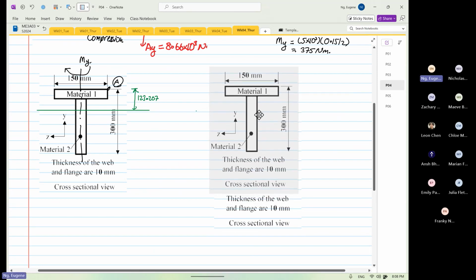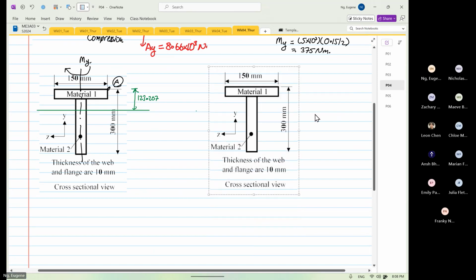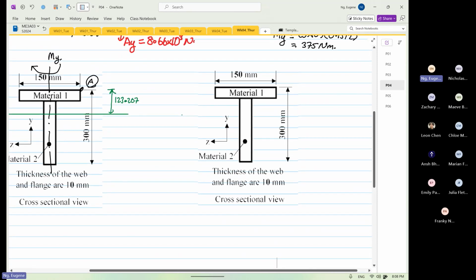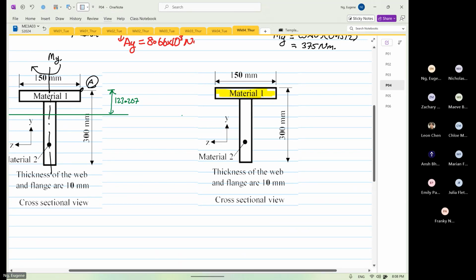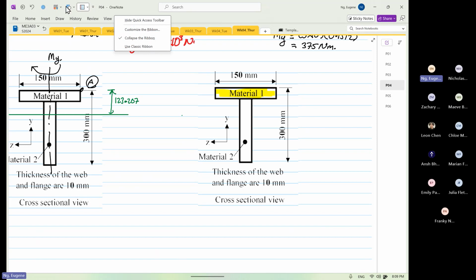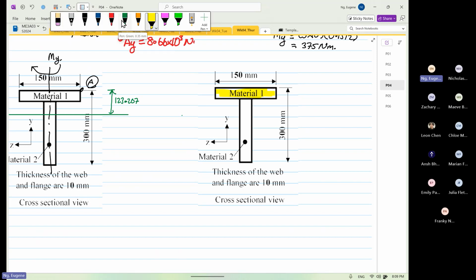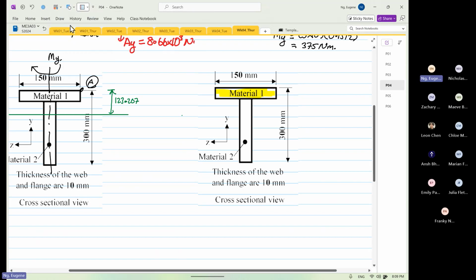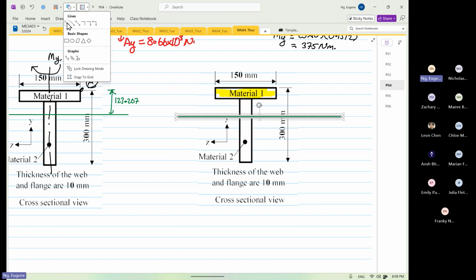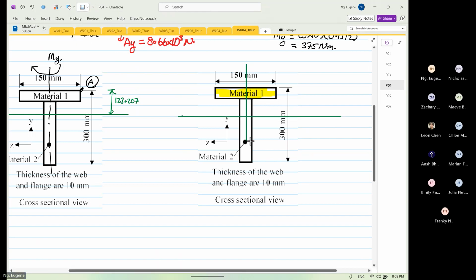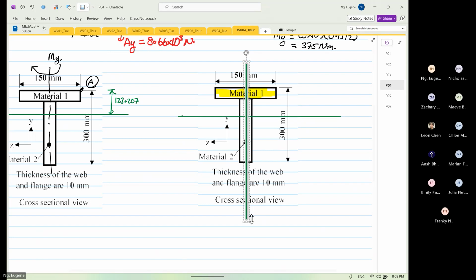So now we are going to focus on the brass, the material number 1. I'm going to highlight where we're going to focus on, right? And we have found our centroid, right?